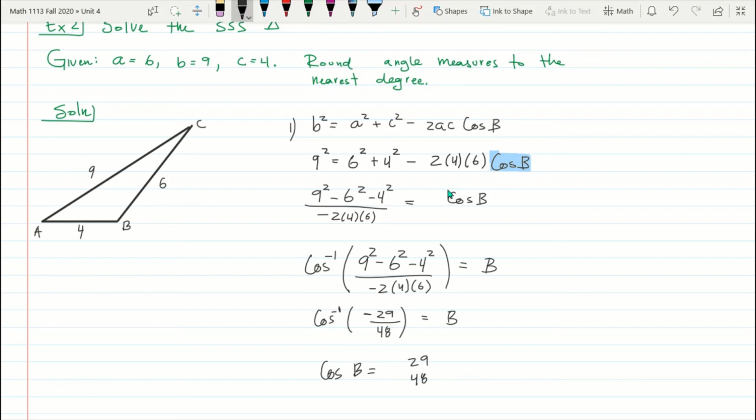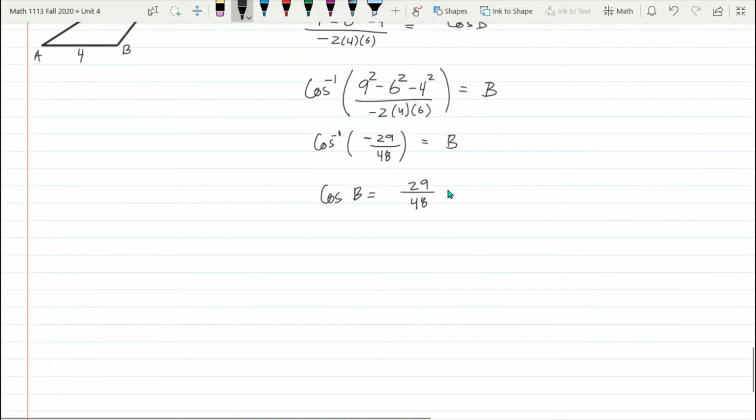So if we just make it positive and plug it in the calculator, we're going to get 53 degrees, roughly. It's not exactly 53, but if you approximate, it's what we get.